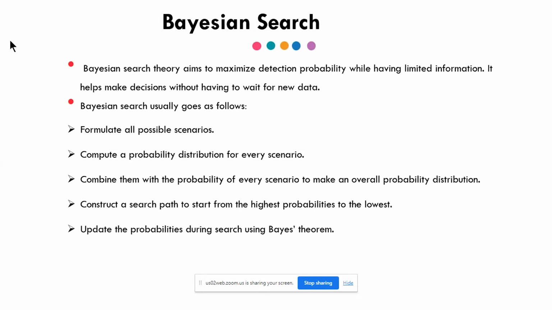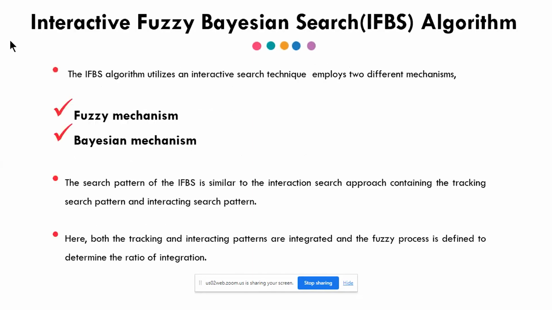Here there are 5 different steps: analyzing all the possible scenarios, creating a probability distribution, examining that probability distribution, and finding the exact search path by using the Bayes theorem. Combining the fuzzy mechanism and the Bayesian mechanism gives the interactive fuzzy Bayesian IFBS algorithm.